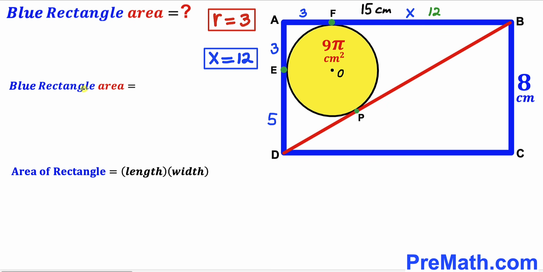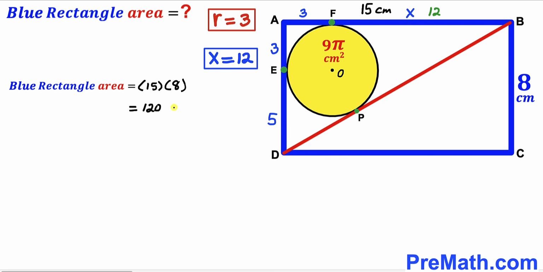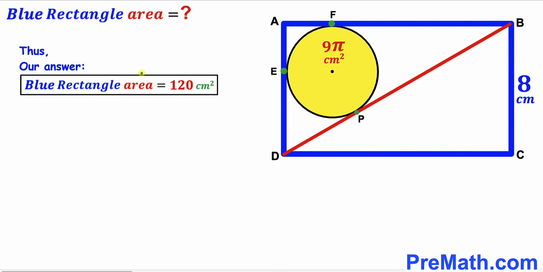So therefore our blue rectangle area is going to be 15 times 8. And if we multiply, that is going to give us 120 centimeter square. So thus the area of this blue rectangle ABCD turns out to be 120 centimeter square. And that's our final answer.